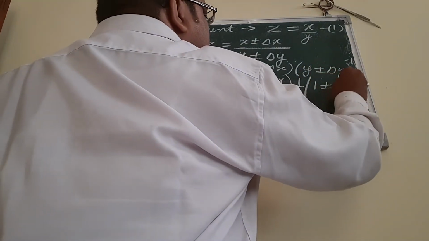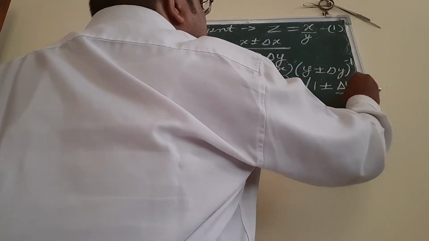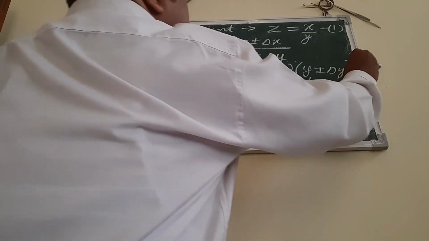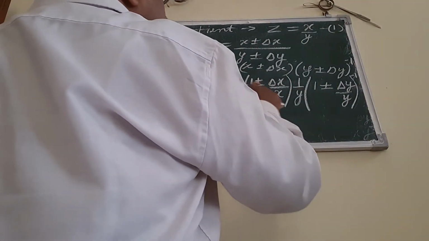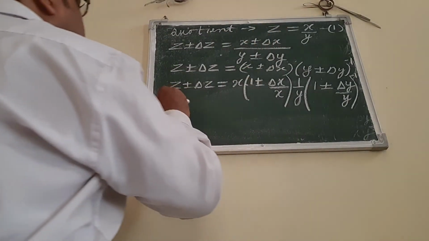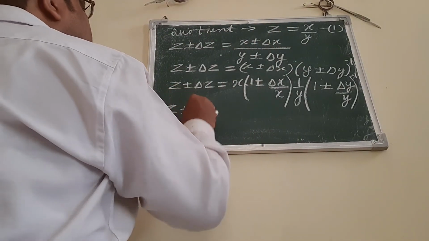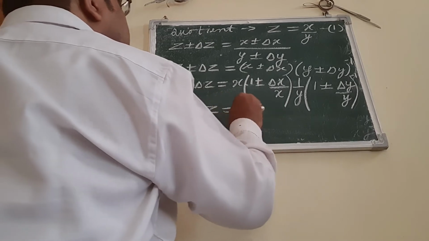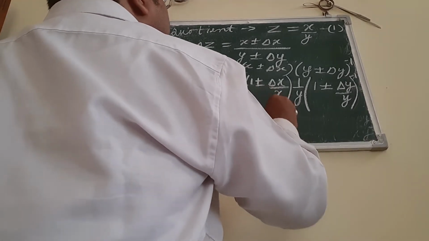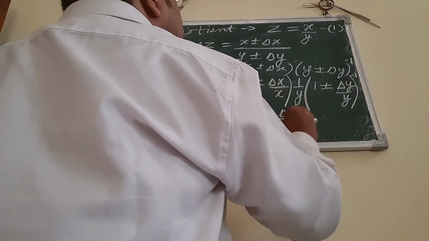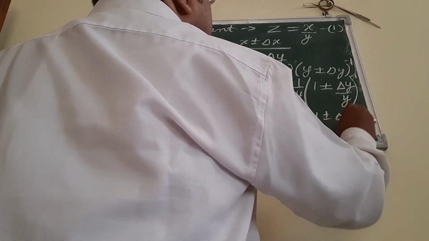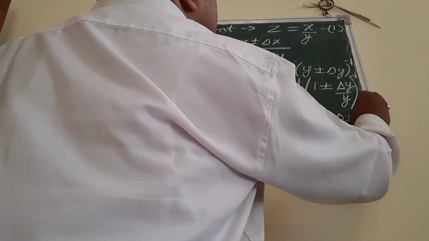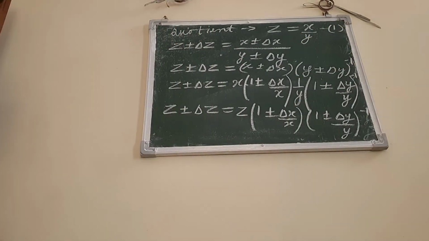So 1 plus minus delta y upon y raised to power minus 1. So now from the first equation, x upon y is equal to z. So putting its value, z plus minus delta z is equal to z into 1 plus minus delta x upon x, into 1 plus minus delta y upon y whole raised to power minus 1.